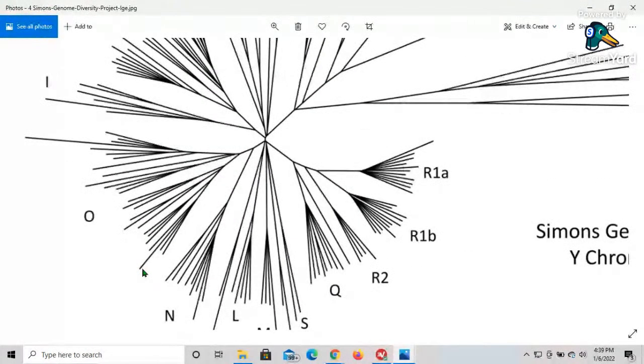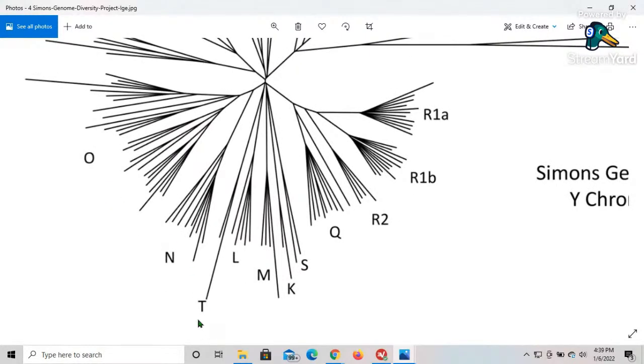Now, the European or the Eurasians are all these here. These are all the Eurasians. Of course, the T and the L are the Greeks. Remember, the K, the M, and the S are all one family tree. The Q, they have it on the same family tree as the R. And of course, the P would be here.